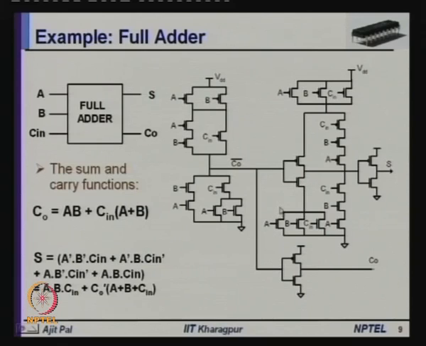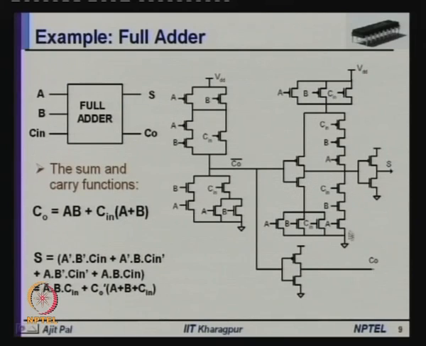So, here you can see this A, B, C in this particular part, this product term, this is the corresponding network, and this C in dash network is here.